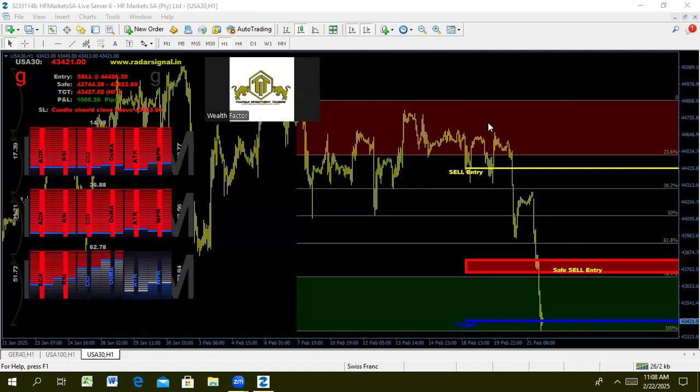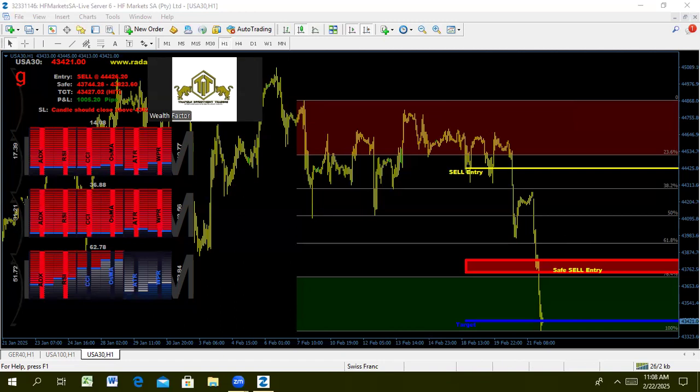As you can see in our analysis, the market sold off when it reached this level. The reason is the market was at the resistance level or supply zone, where we expect the market to go in a bearish or sell direction.